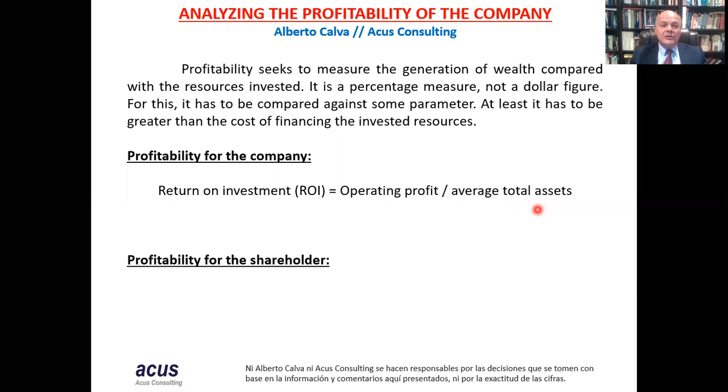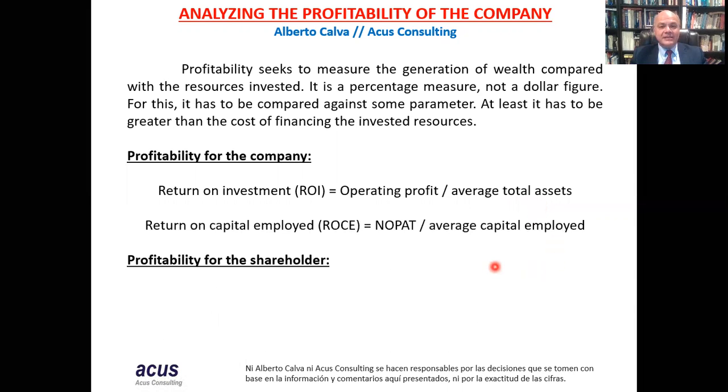Now, more exact than return on investment, I would talk about the return on capital employed. Return on capital employed is NOPAT divided by average capital employed. What is NOPAT? NOPAT is net operating profit after taxes. This means that we take the operating income and then we are going to reduce the adjusted taxes.